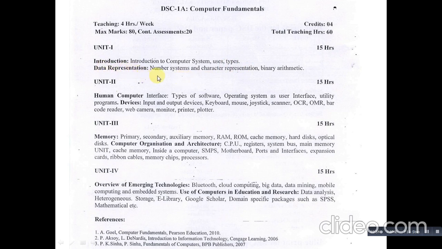In unit 2, you will learn human computer interface, that is the types of software, operating systems, OCR, and other input output devices, etc. In the third unit, memory, you will learn what is primary memory, secondary memory, the details of the primary and secondary memory, and the various memories of the computer system, and also computer organization and architecture.